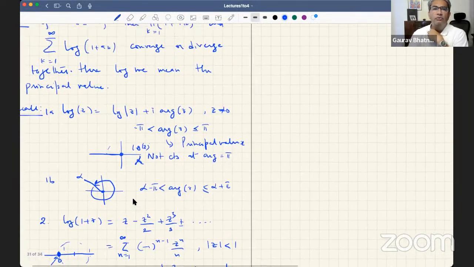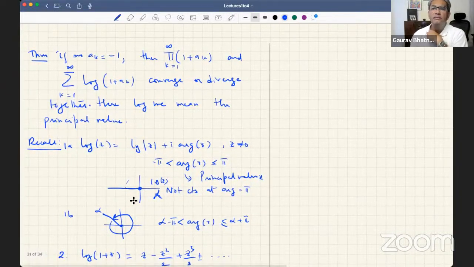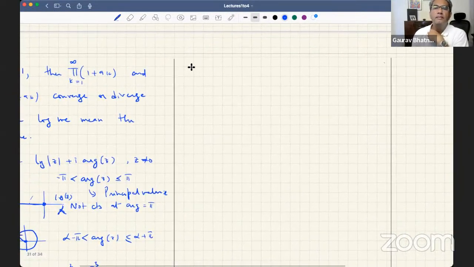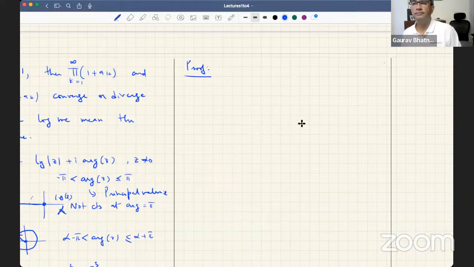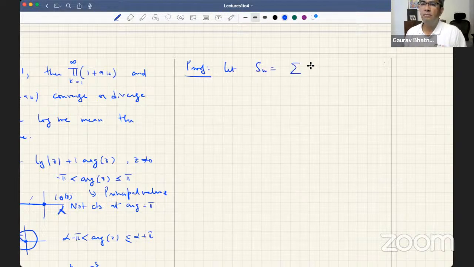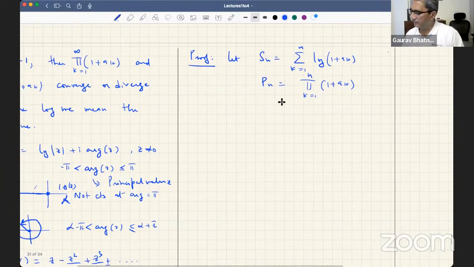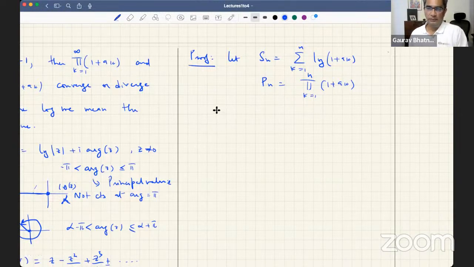Okay, so let me prove this theorem. Let S_n be the sum of log(1 plus a_k), k going from 1 to n, and P_n is our usual product of (1 plus a_k), k going from 1 to n. We want to show that S_n and P_n converge or diverge together.